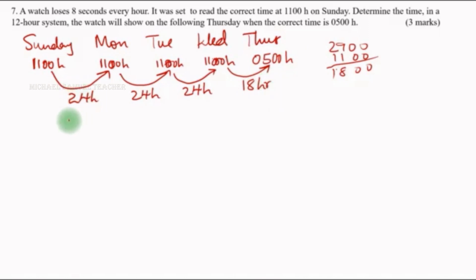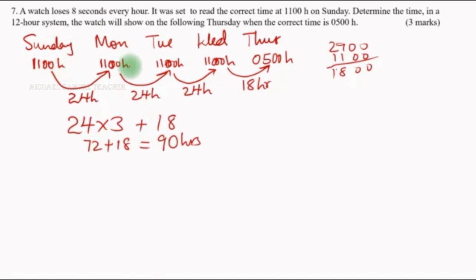So that will be 24 times 3 plus 18, so this will be 72 plus 18, that is 90 hours. So from Sunday 11:00 hours to Thursday 05:00 hours, that is 90 hours.